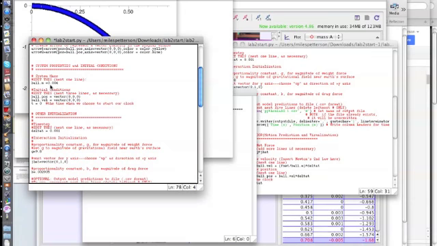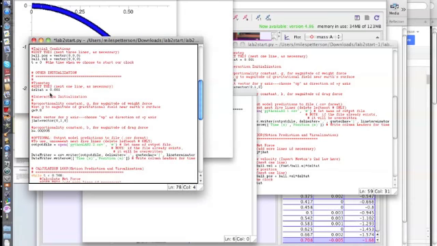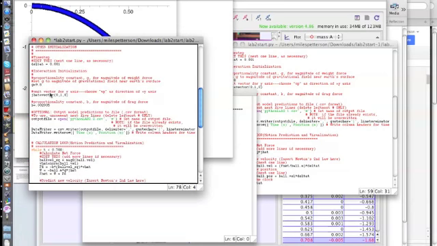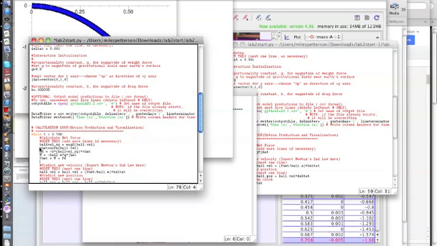We kept our initial properties, and we also added in the drag force, which is proportional to the velocity squared. This is where that goes in. We also had to put some more initial conditions in here so that the program knows what the velocity squared and v hat are.